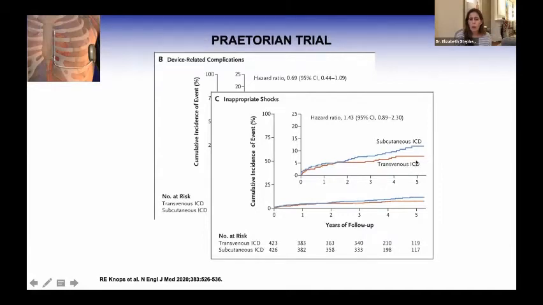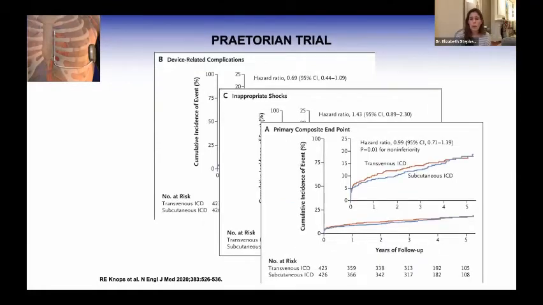There was hope that with the newest generation of sub-Q ICDs, which have, they thought, better detection and better algorithm and better screening, that they would begin to approximate the transvenous ICD rates, but they actually still have a higher inappropriate shock rate. And when they looked at their primary composite endpoint, this was a non-inferiority trial, I should say, they did find that the subcutaneous ICD was in fact non-inferior to the transvenous ICD.